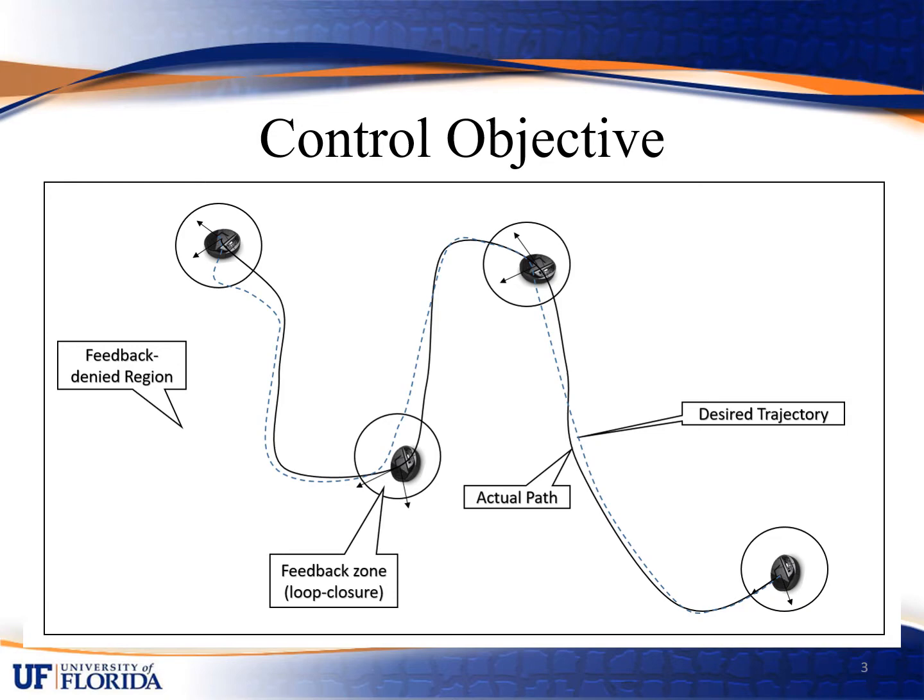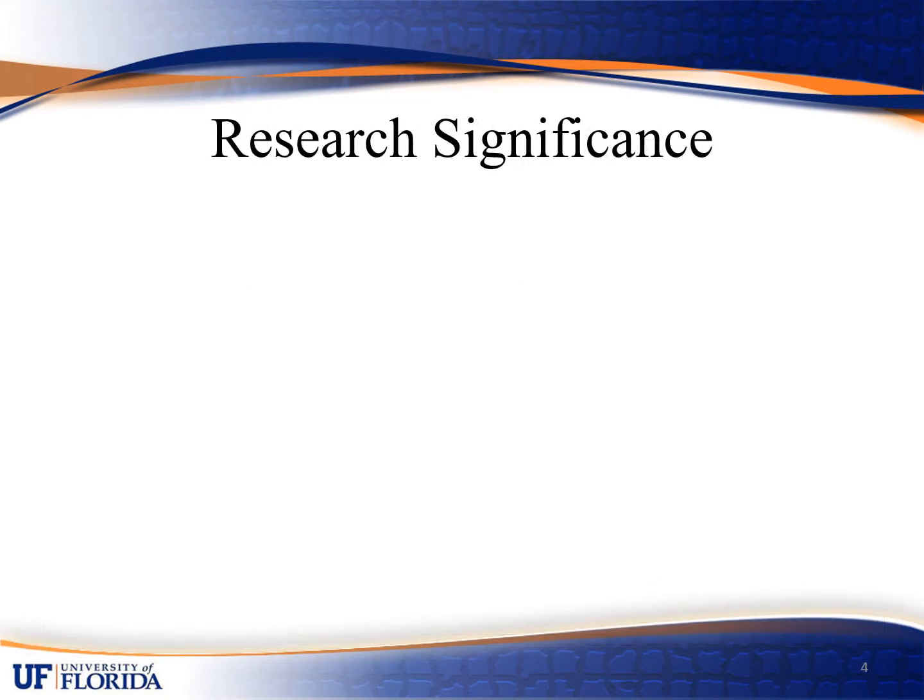The black circles represent multiple feedback zones where the agent can acquire feedback. The dashed line represents the desired trajectory the agent is tracking, and the solid line represents the actual path the agent traveled.